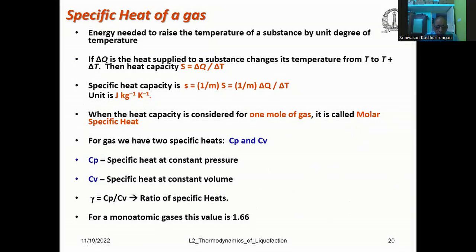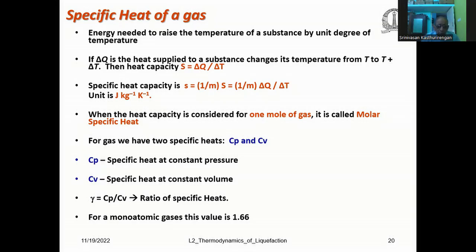Now let's come to the specific heat of a gas. First, let us try to understand what specific heat is. The heat energy required to raise the temperature of a unit mass of substance by unit degree is the specific heat. The heat capacity is the heat needed to raise the temperature of the overall mass by 1 degree centigrade or 1 degree Kelvin.